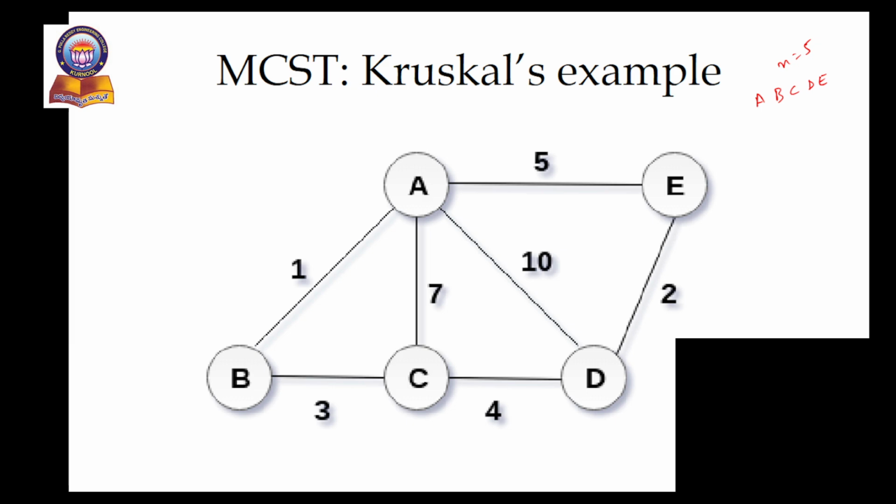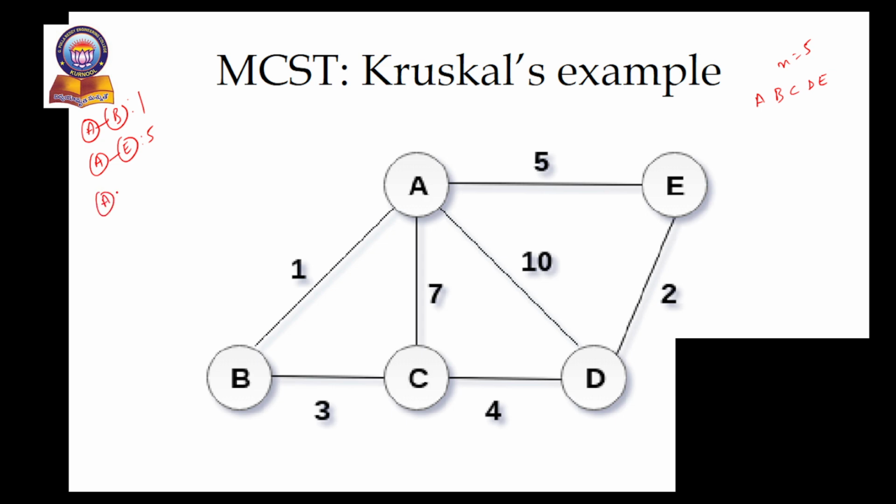Keep the edge sets in ascending order. What does it mean? From A, we can reach B with the edge cost equal to 1. From A, we can reach E with the edge cost equal to 5.